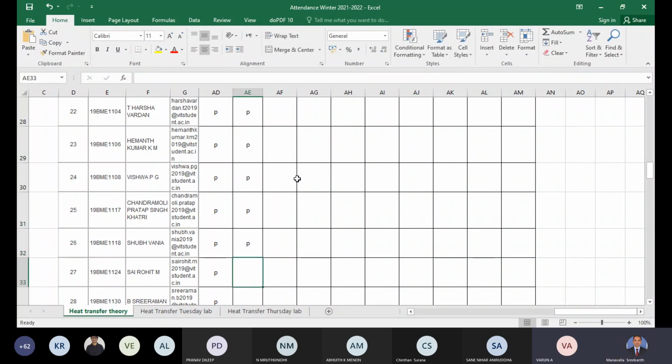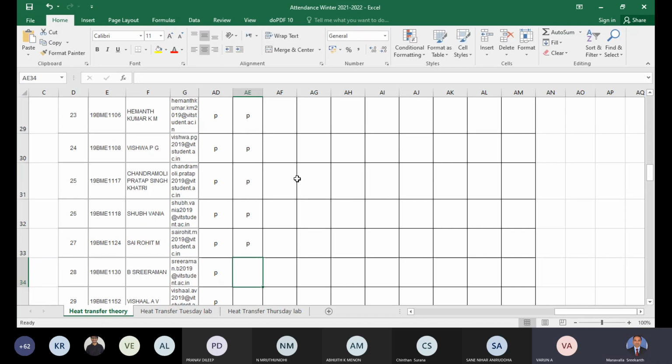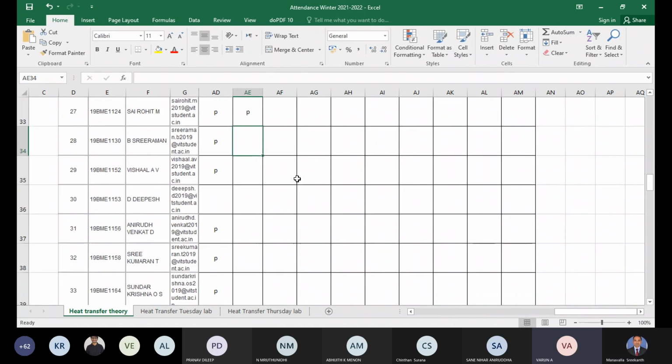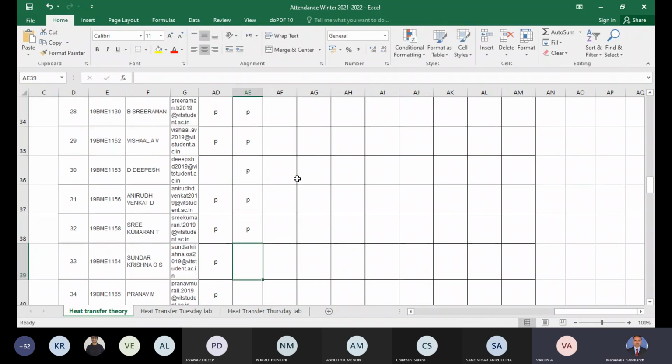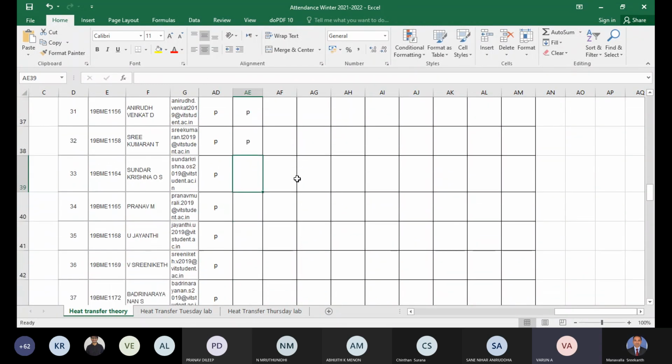Sai Rohit, Present, sir. Sri Raman, Present, sir. Vishal, Present, sir. Deepesh, Present, sir. Anirudh Venkat, Yes, sir. Sri Kumaran, Present, sir. Jayanti, Present, sir. Sriniket, Present, sir.